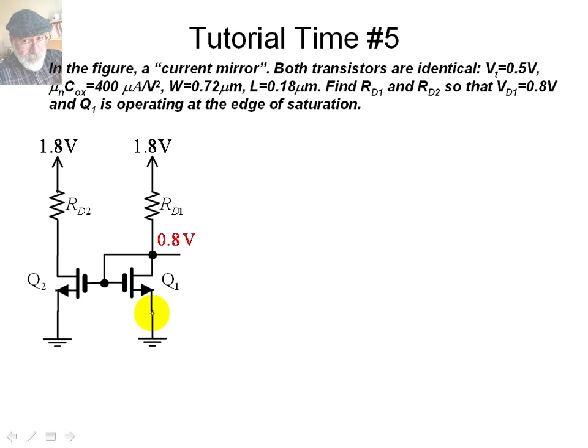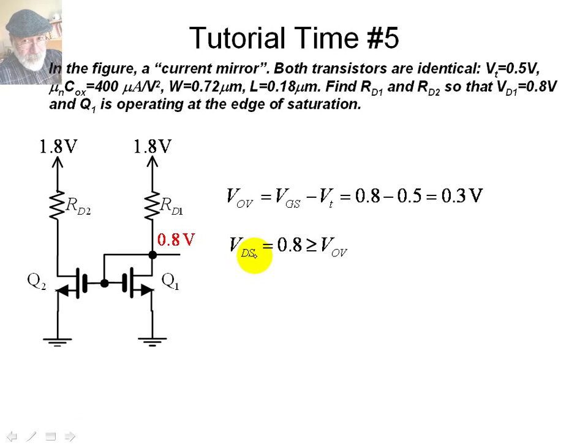Because VS is 0, VGS is 0.8. So you see we have a lot of information. The overdrive voltage for Q1 is VGS minus VT. VGS is 0.8. VT is 0.5. 0.8 minus 0.5. The overdrive voltage is 0.3 volts.